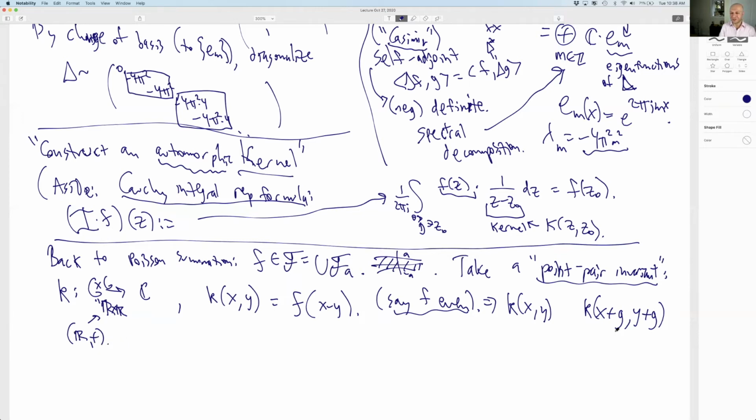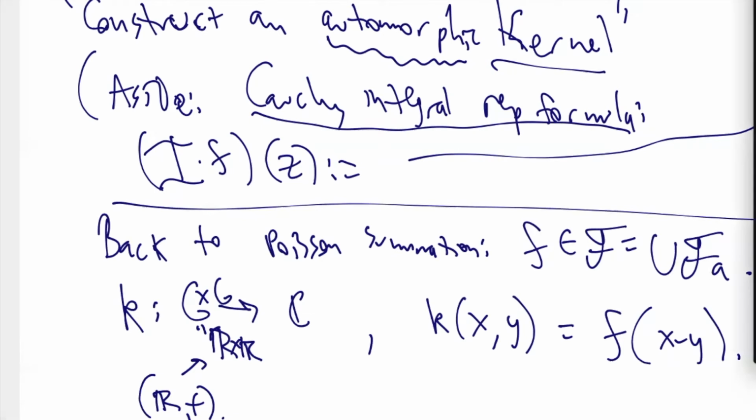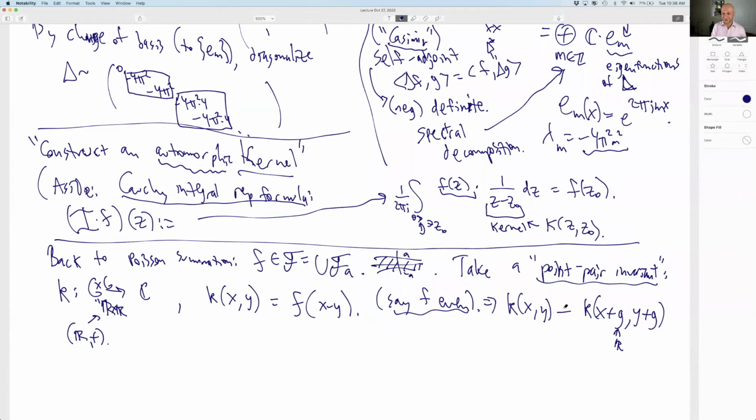If g is a typical element of R, and I apply it to both places, what happens to this kernel? It remains the same. Good. So this is invariant under shifting. That's important.